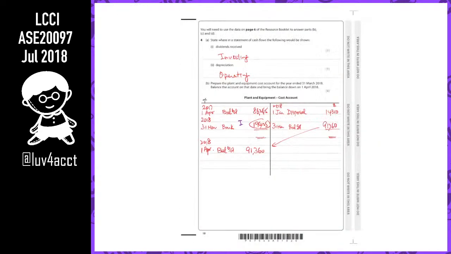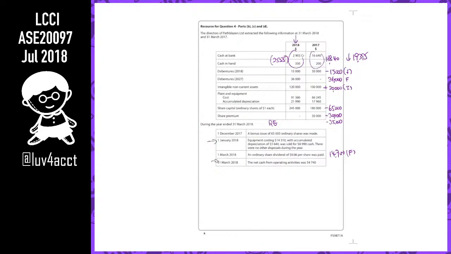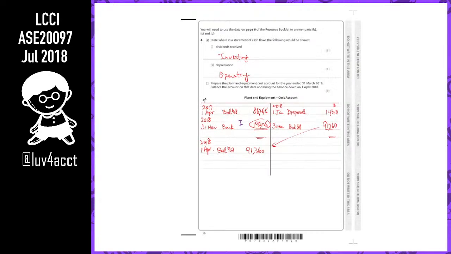Purchase of plant and machinery, 19425, and then also proceeds from the sale, 8990.